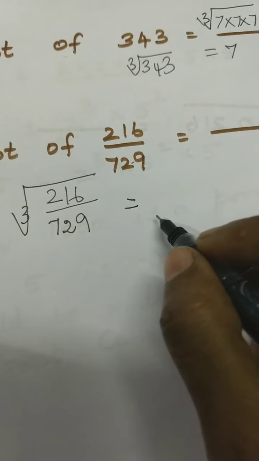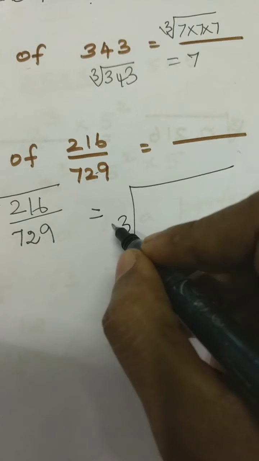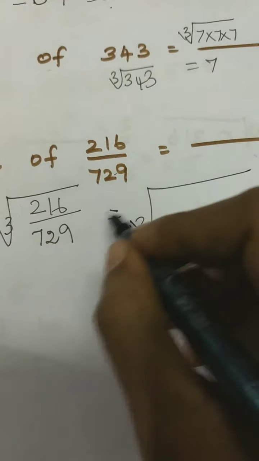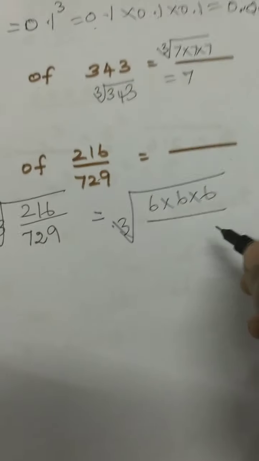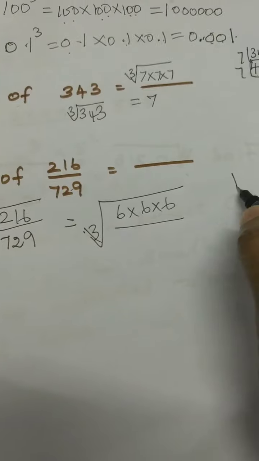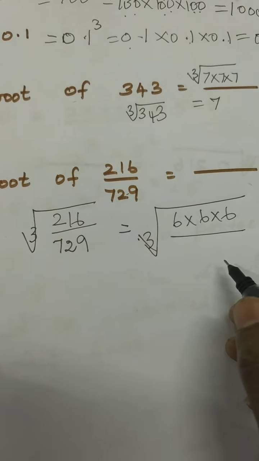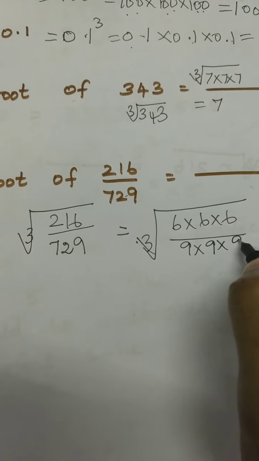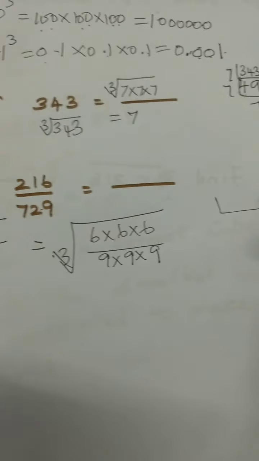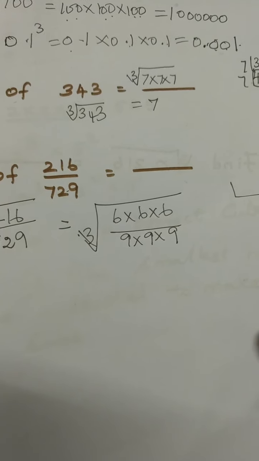After that, 6 into 6 into 6, we know that, isn't it? Then 729, that also we know, 9 into 9 into 9. If you don't know, you have to do it by prime factorization and see.